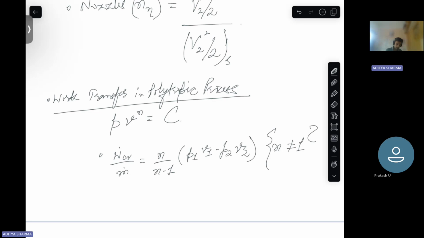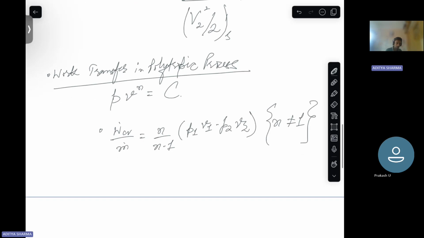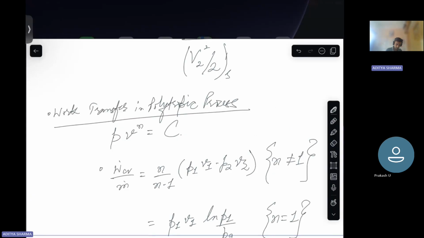And then when n is equal to 1, in that case it becomes this. So this way there is a formula for ideal gases also, right? So this discussion has been done in this particular topic, in this lecture.